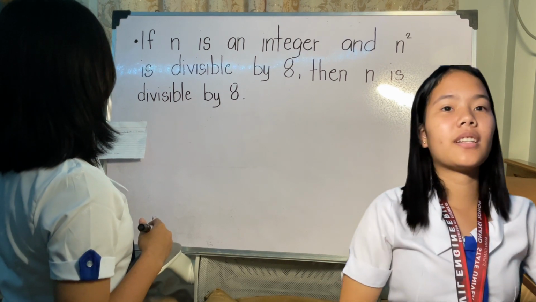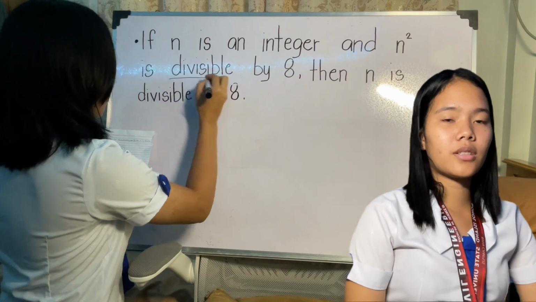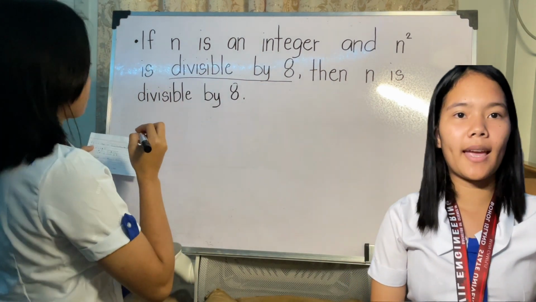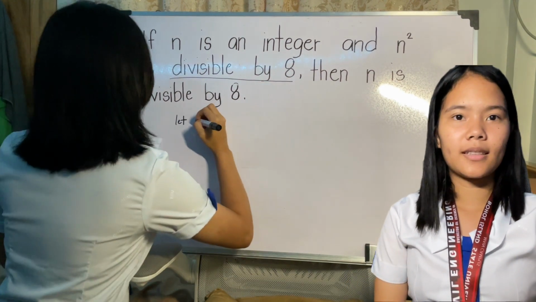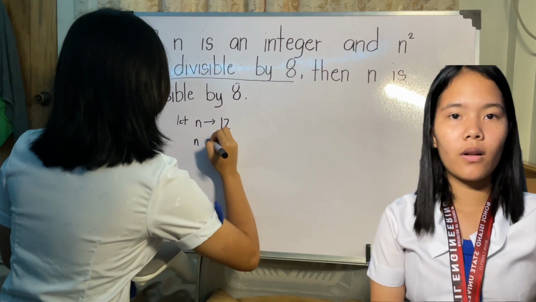And here is another example for you to better understand this topic. If n is an integer and n squared is divisible by 8, then n is divisible by 8. So, we have to find a number that would make the statement false.